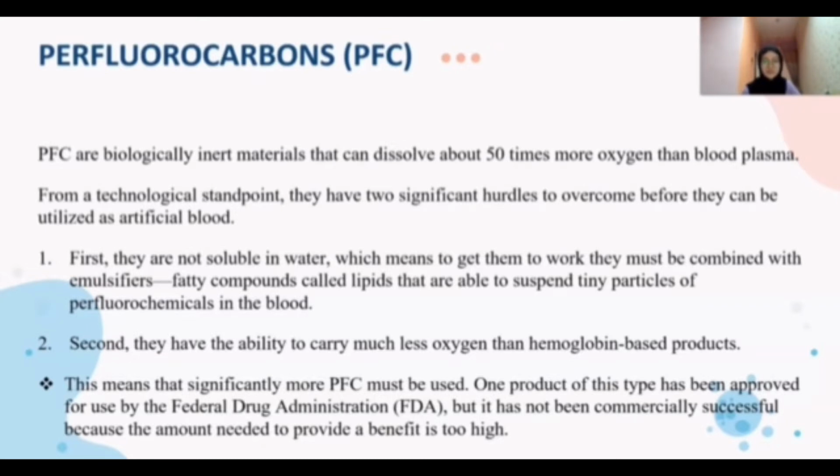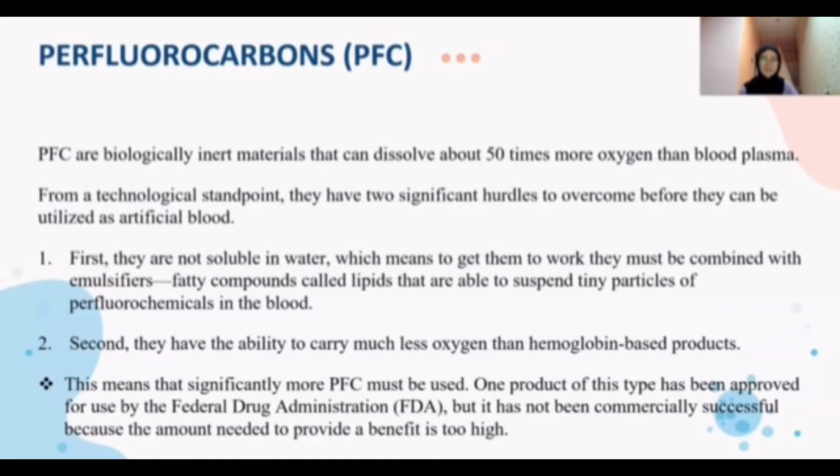From a technological standpoint, they have two significant hurdles to overcome before they can be utilized as artificial blood. First, they are not soluble in water, which means that to get them to work, they must be combined with emulsifiers, fatty compounds called lipids. These are able to suspend tiny particles of perfluorochemicals in the blood. Second, they have the ability to carry much less oxygen than hemoglobin-based products.